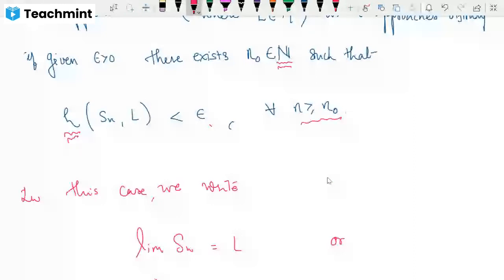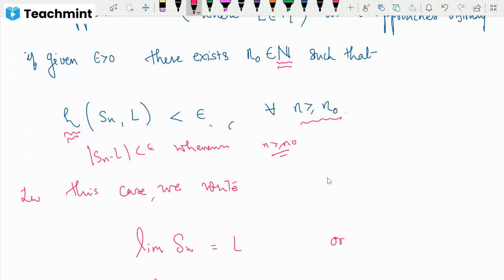In the previous course, we defined the limit of a real sequence Sn like this: for given epsilon greater than 0, there exists n0 belonging to N such that mod of Sn minus L is less than epsilon whenever n is greater than or equal to n0. That was the definition of limit of sequence Sn, but that sequence was a sequence of real numbers.